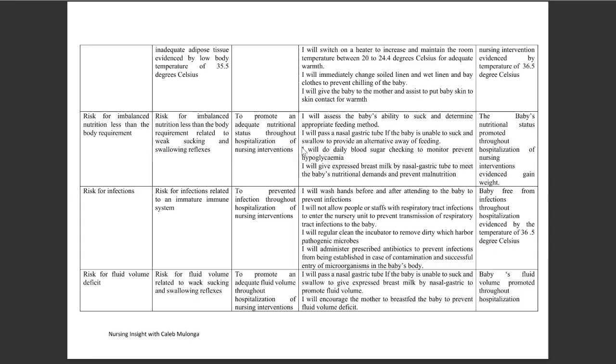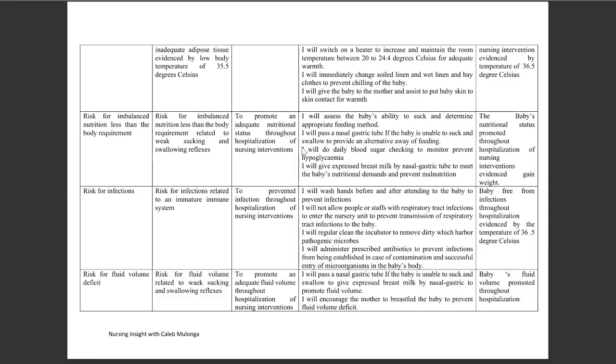Where is this fluid volume deficit coming from? It is coming from the fact that the child is not able to take anything through the mouth. So the child is not able to suck or swallow the milk that is given to them. It is as a result of the poor sucking and swallowing reflexes, meaning that the child cannot take in anything that they are given to drink rather.